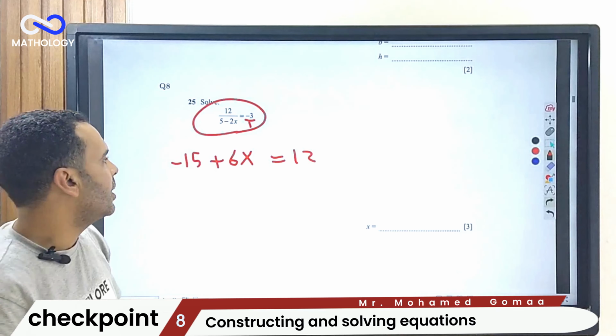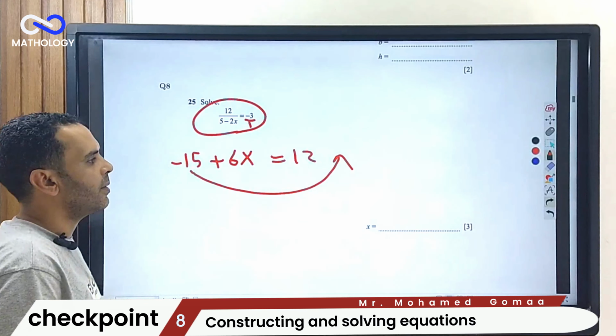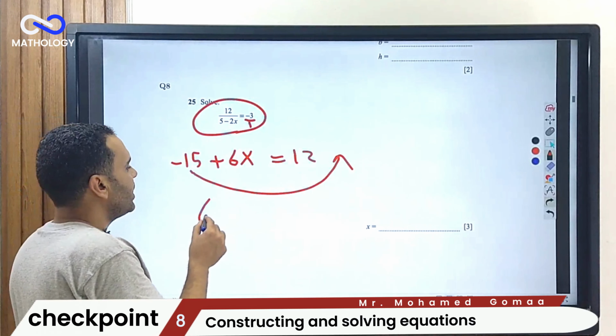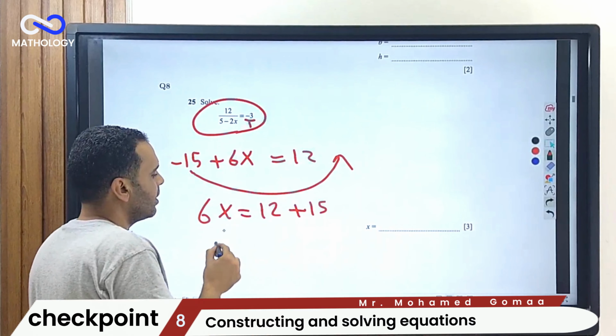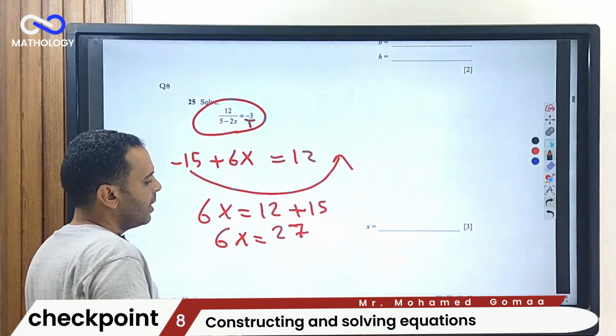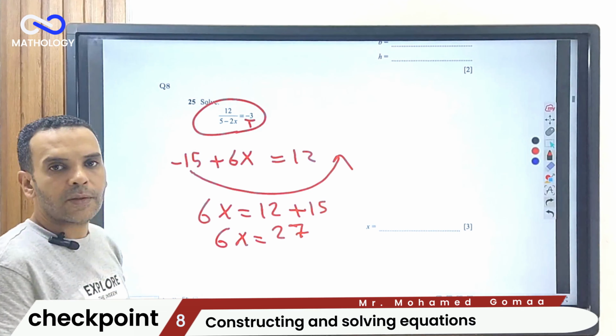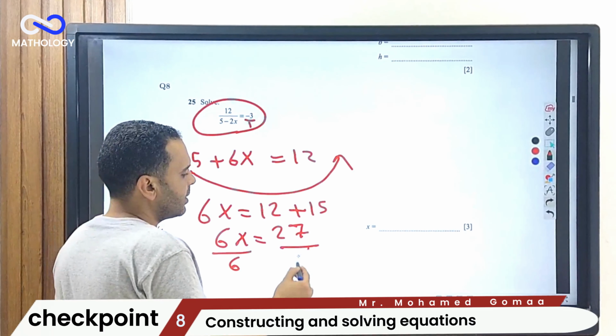Solve for x. You have to transpose negative 15 to the other side with the opposite sign. It will be 6x equals 12 plus 15 equals 27. Divide by the number in front of your unknown. Divide both sides by 6.